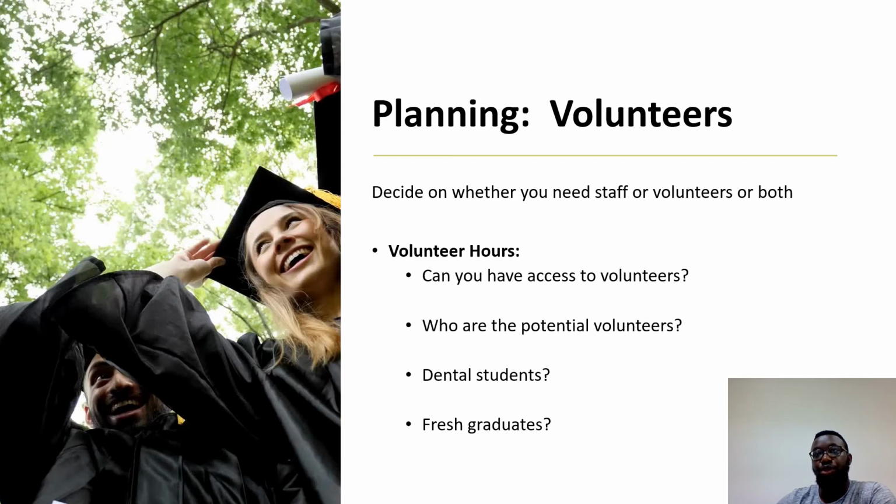When you have them, how can you manage them? Are you able to manage them alongside staff, or alone without having staff, or do they have enough experience to execute your program, depending on the level at which you are planning the program? These are the things you need to think about while planning a public oral health program.